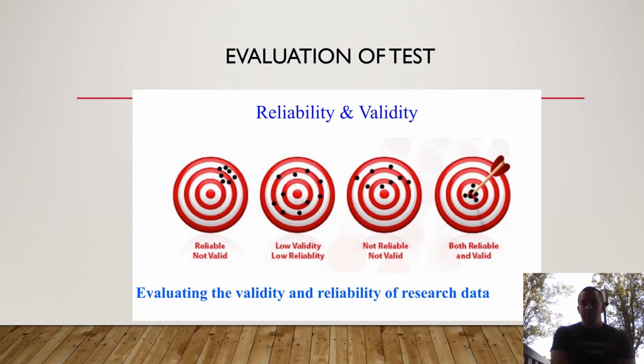On the second picture, they're not tightly packed. It's not reliable, but it's sort of around the target. So the right is what we want, where it's tightly packed, it's reliable, and it's around our target, it's measuring what we intend to measure. So we want something that is both reliable and valid.